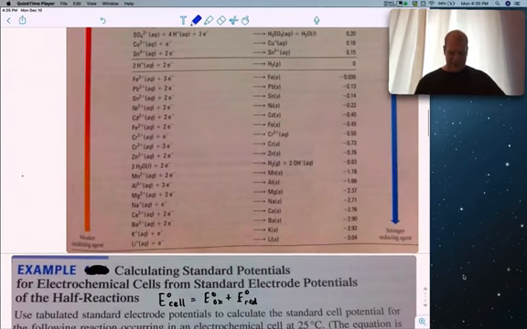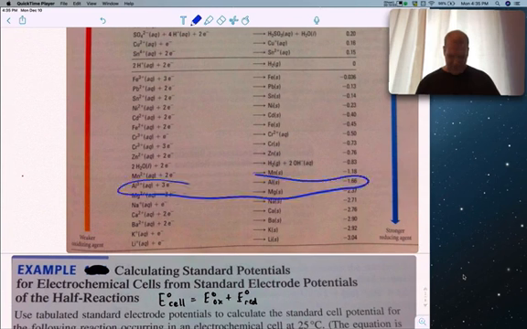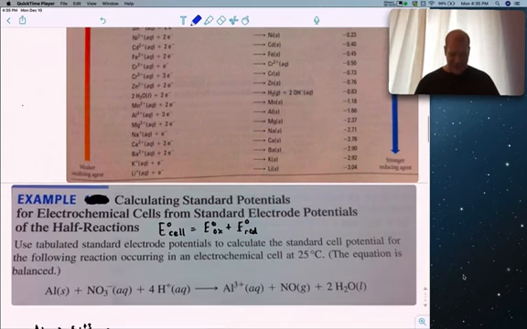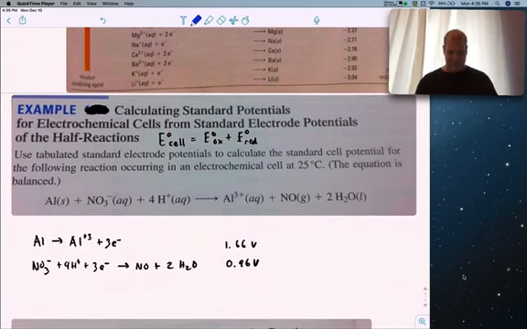That's the opposite of this here. You can see aluminum 3 plus plus 3 electrons going to aluminum is minus 1.66. But the other way around, aluminum going to aluminum 3 plus plus 3 electrons, that is a positive 1.66. And so what we do is we just add these together. So the standard cell potential for this one is 2.62 volts.